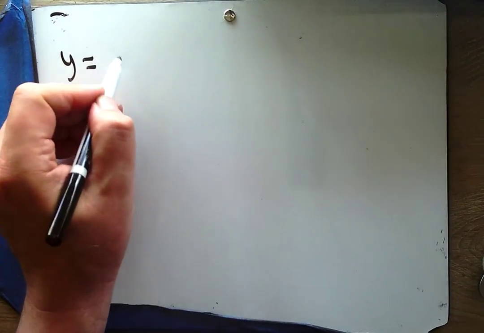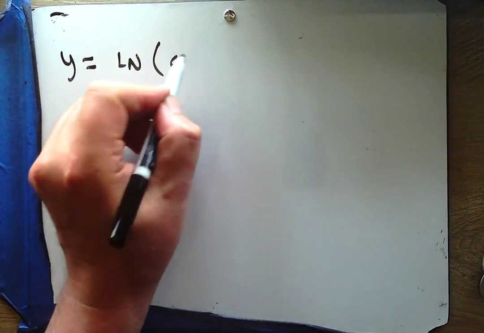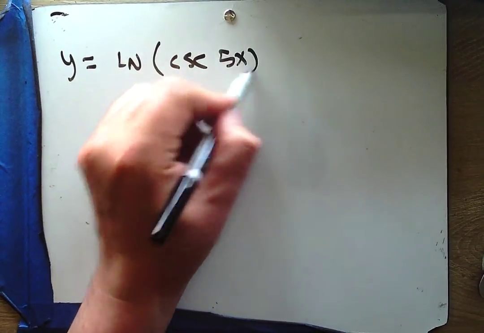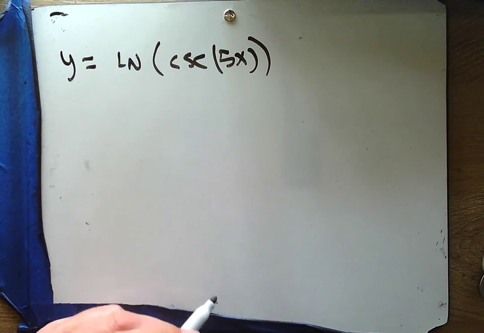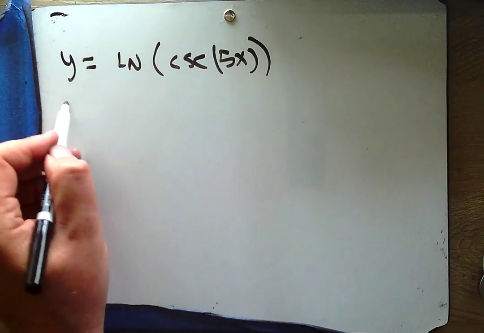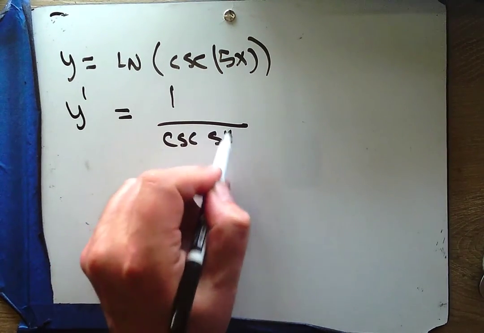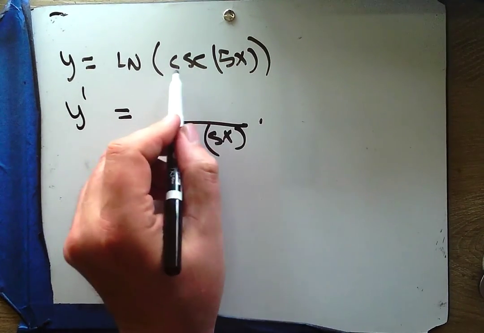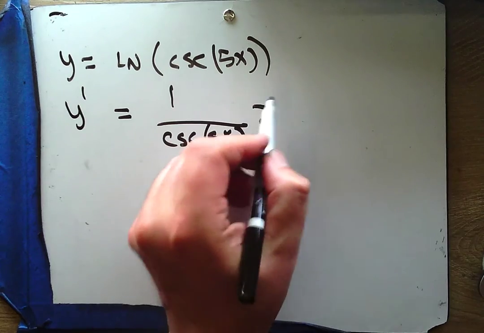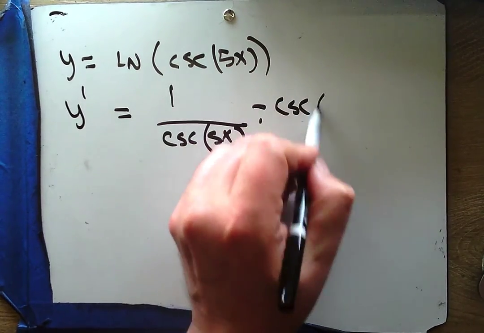14. 14 says y equals ln cosecant 5x. Come on, be thankful I didn't say inverse cosecant. All right, y prime, 1 over stuff times the derivative of stuff. The derivative of cosecant is negative cosecant.